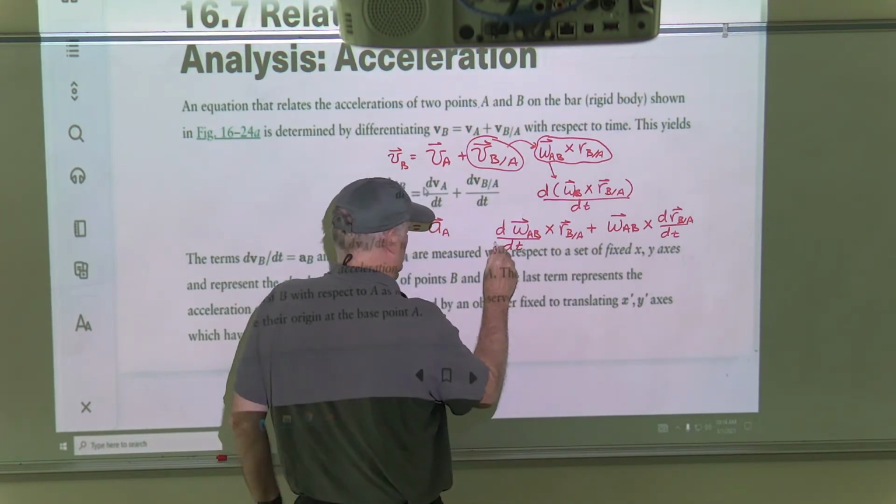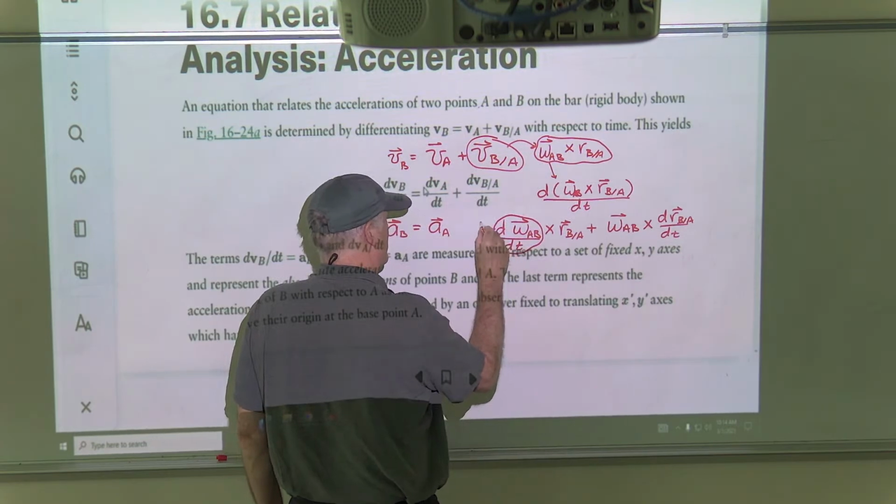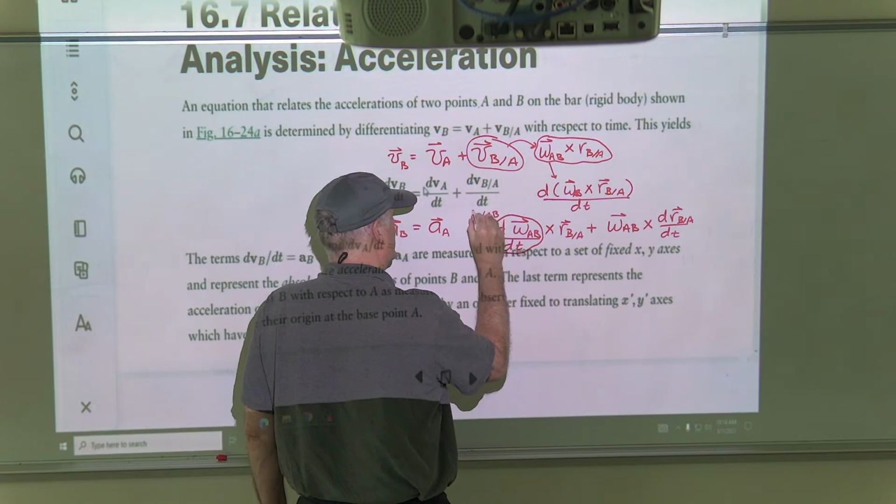this term becomes a new term that we talked about before, which is just alpha AB, which is a vector as well.